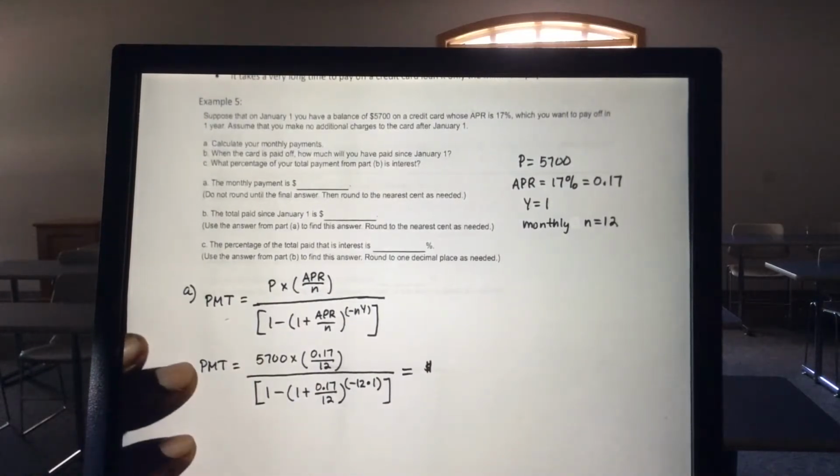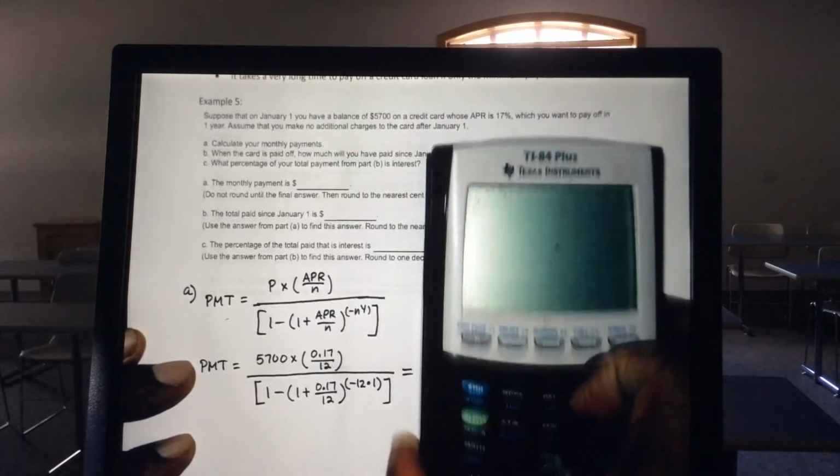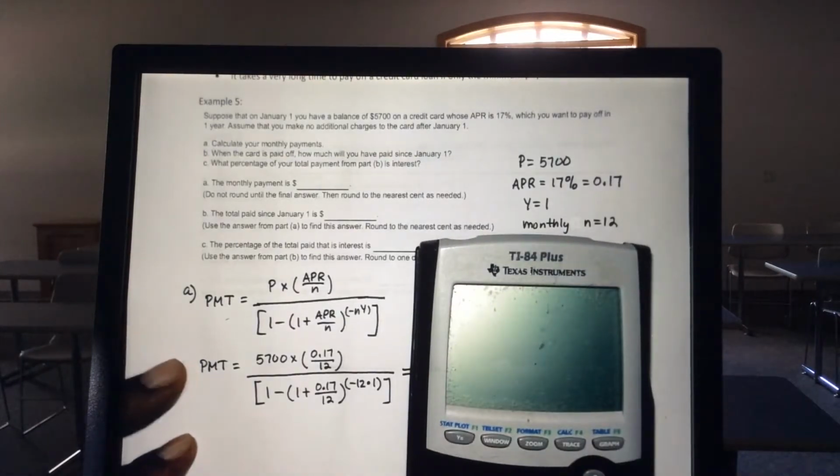So here, using our calculator, I'm going to clear this out.